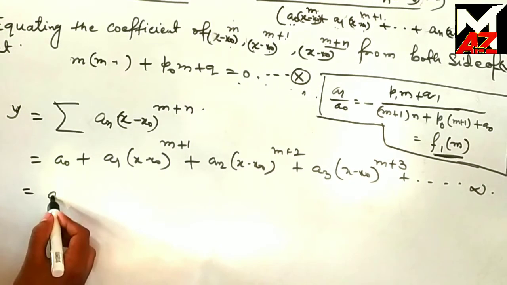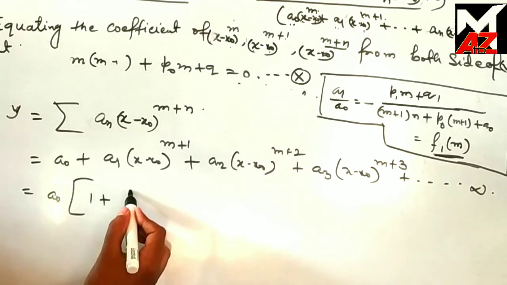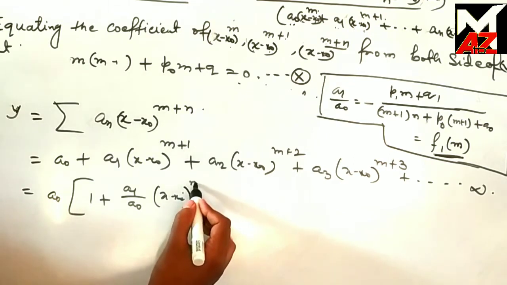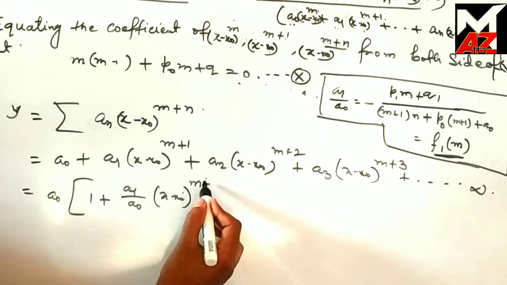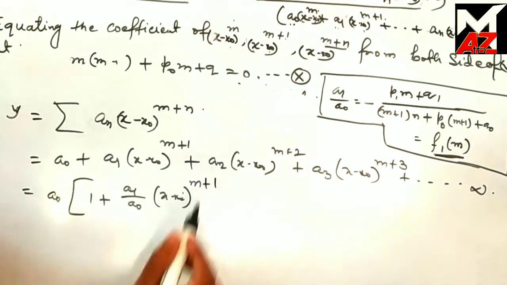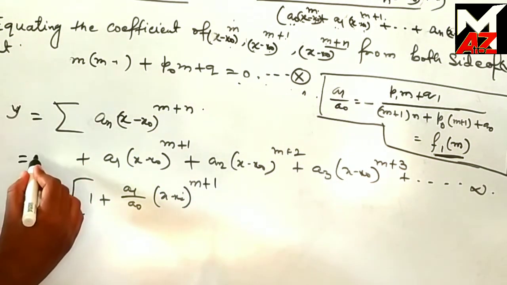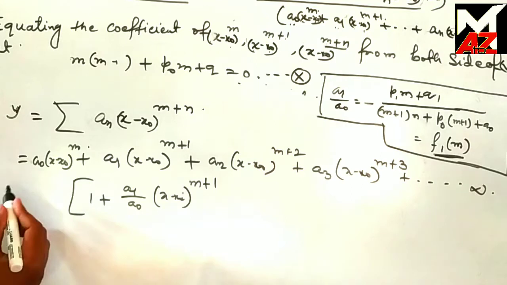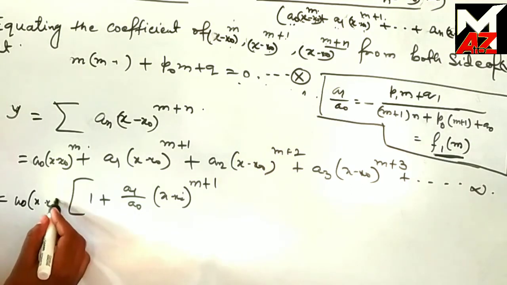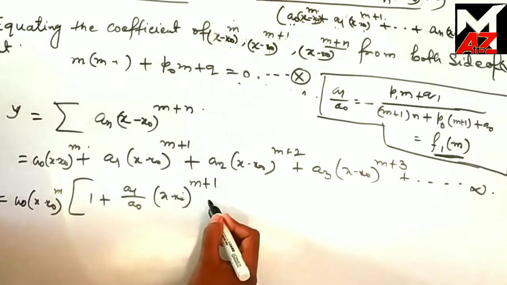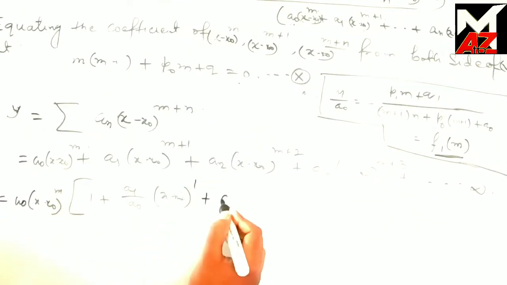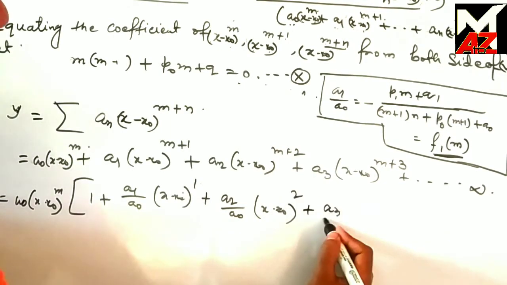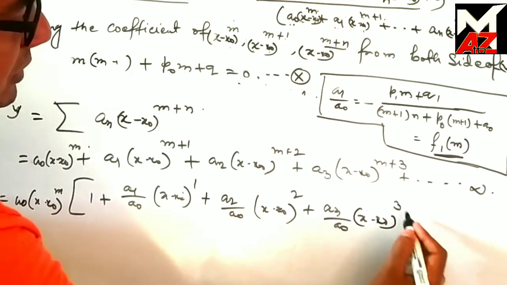Now taking a0 common, we get a0 into (x minus x0) to the power m, times 1 plus a1 by a0 into (x minus x0), plus a2 by a0 into (x minus x0) squared, a3 by a0 into (x minus x0) cubed, to infinity.